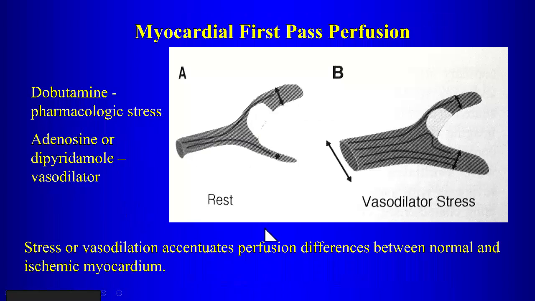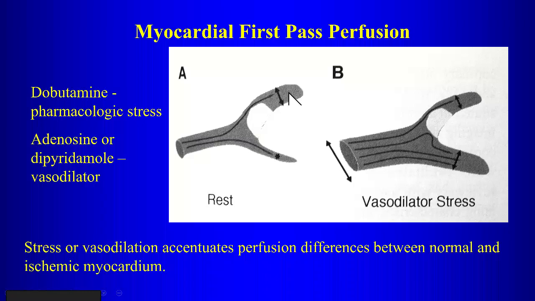Now these can be used for looking for ischemia. So what is the idea here? It's the same as for nuclear medicine. If the patient has a flow-limiting stenotic lesion, there is normally vasodilation of the coronary artery distal to that lesion to maintain the perfusion at rest, okay?